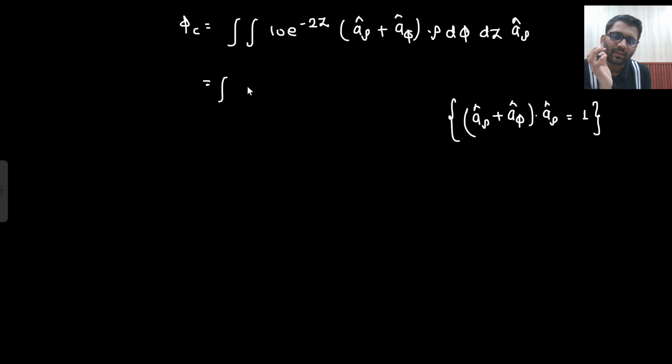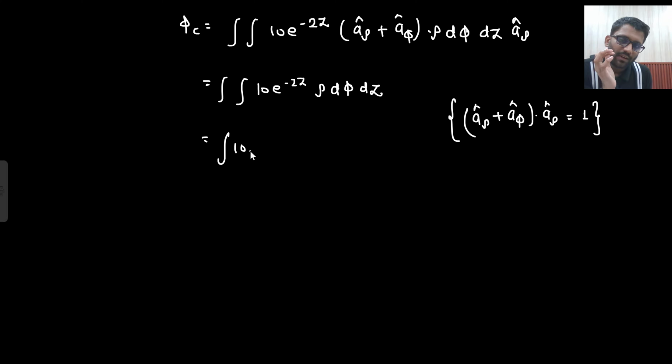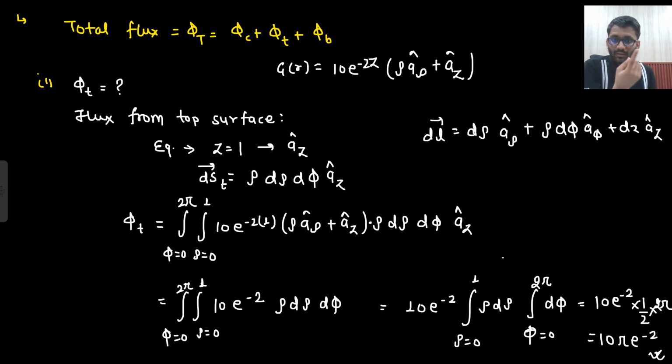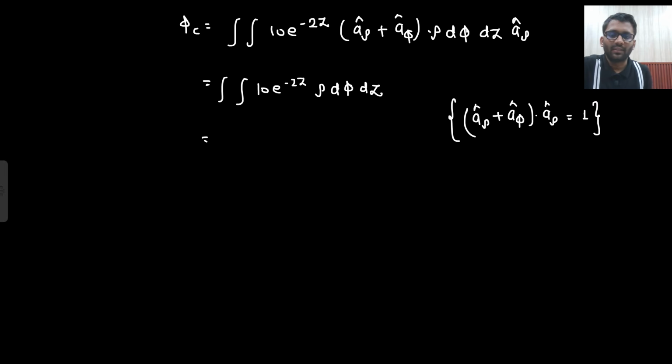So what you are getting: tan e to the power minus 2z, rho is there, d phi is there, dz is there. Rho value I can put, rho equals 1.